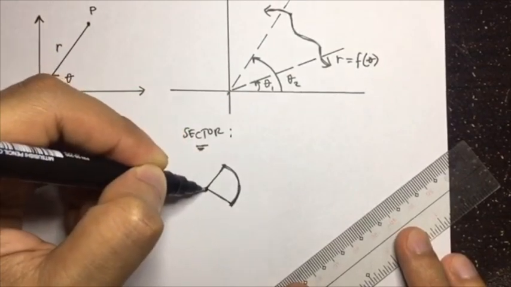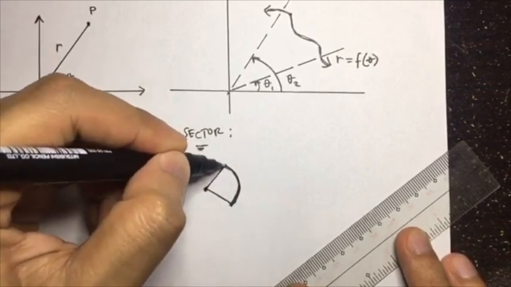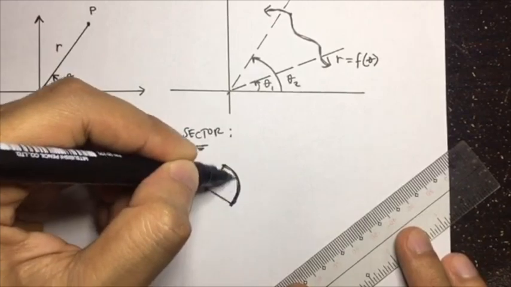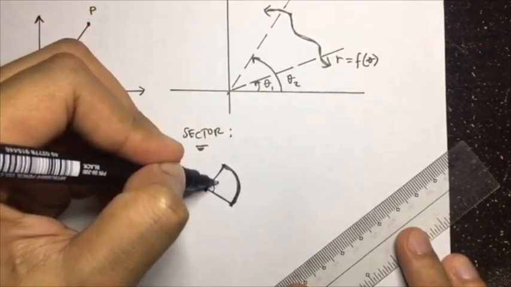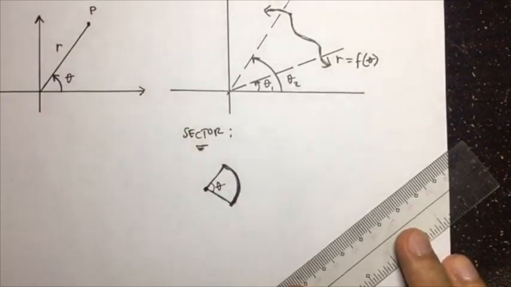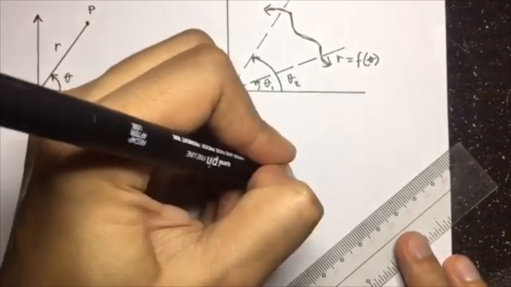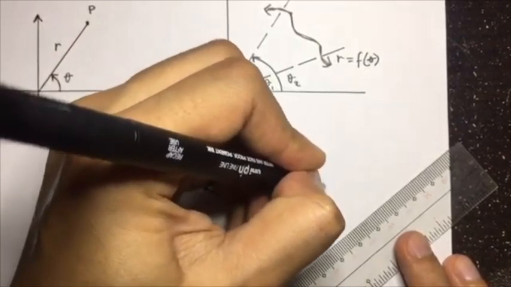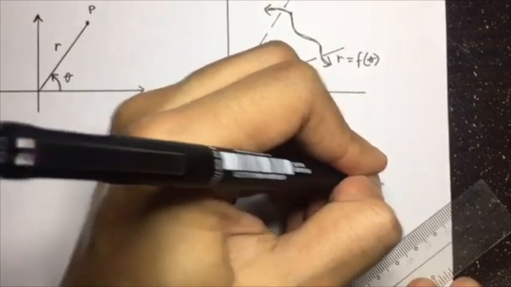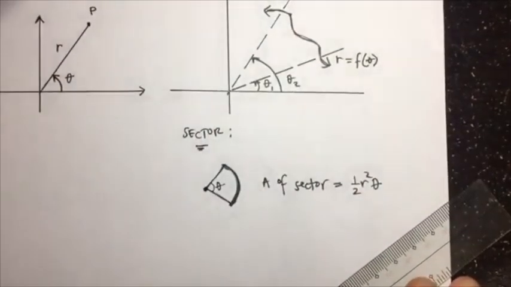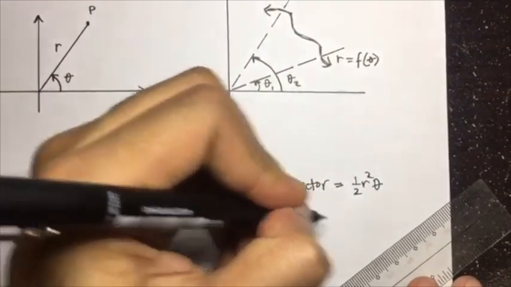Assuming this here is the center, and this coincides with the circumference of a circle, bounded by theta. Review that the area of a sector is 1/2 r squared theta, where theta is of course in radians.